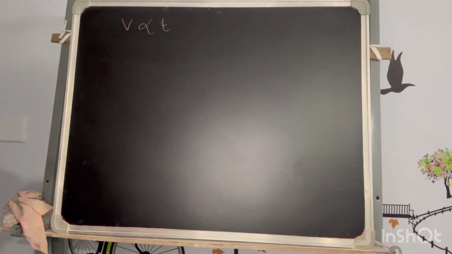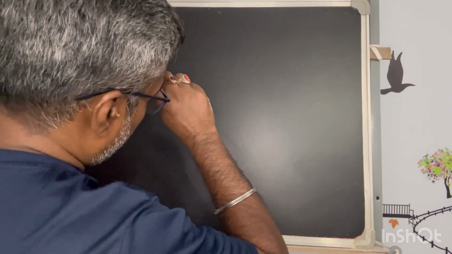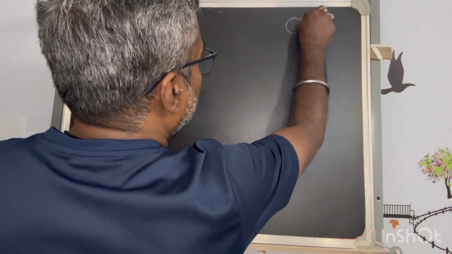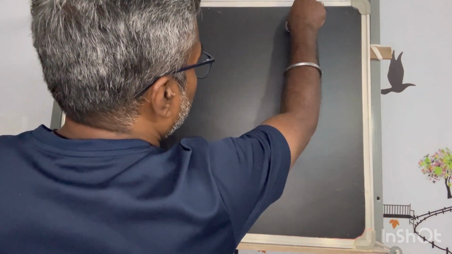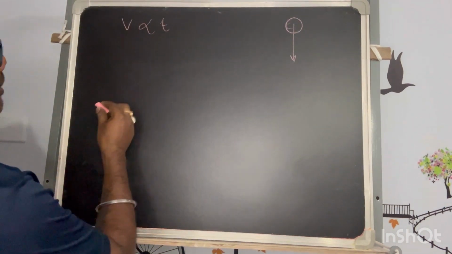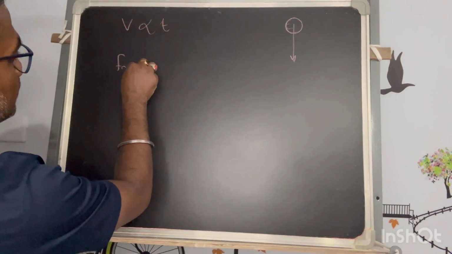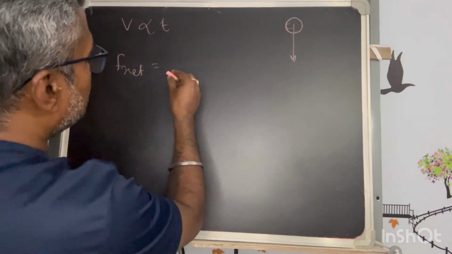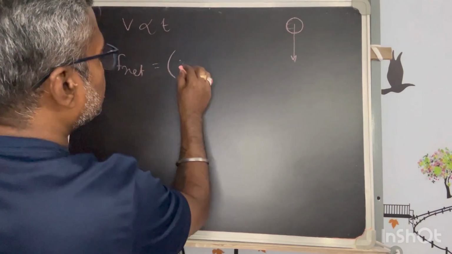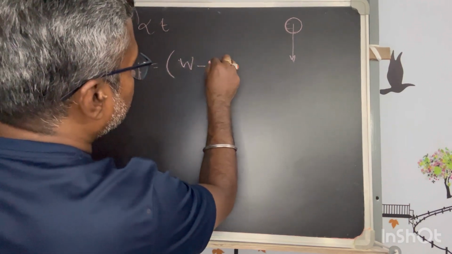Now for that, again, if I bring that condition of the ball falling around in the air media, there the net force, what I thought about, is equal to mg, or let's say I'm talking about W minus upthrust.